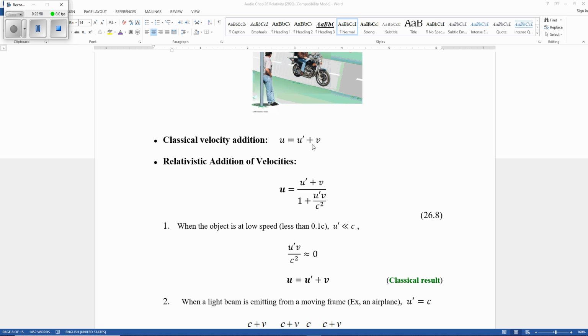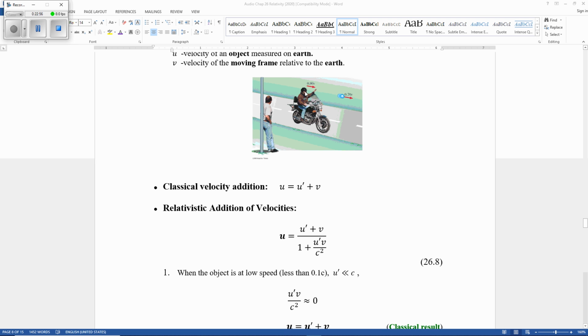Now at high speed, suppose this vehicle is at 0.8 c and turns on a light. The speed of light is c. If you measure from the Earth, it should still equal c. No matter how fast this vehicle is moving, the speed of light should still equal the speed of light.